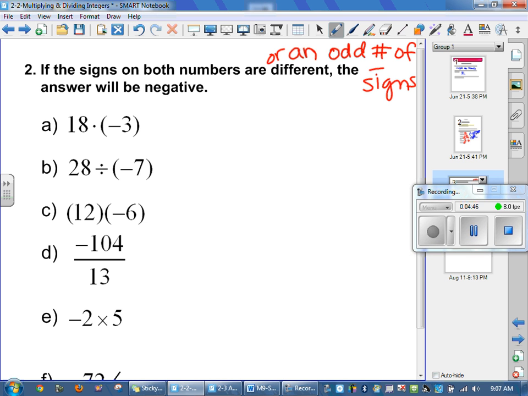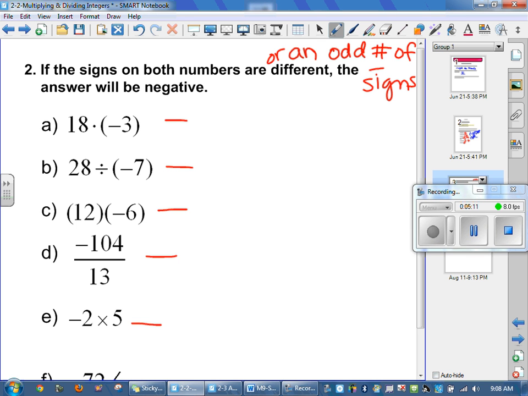Okay? So, on the first one, all of these, count the number of negative signs in each question. How many do you see? There's 1 in each question. Because I only have an odd number, one negative sign when I multiply or divide, my answers are all going to be negative. Now we actually multiply or divide the digits.